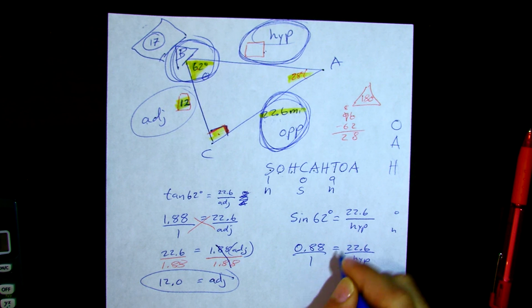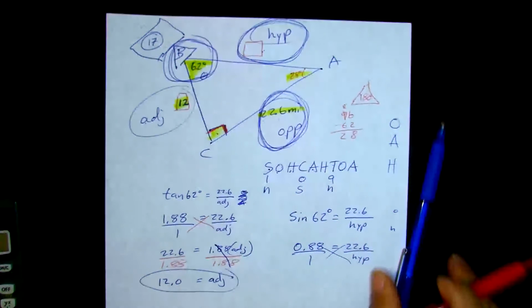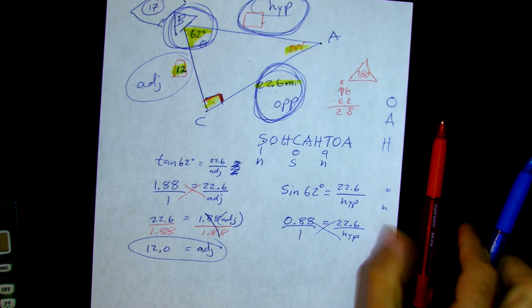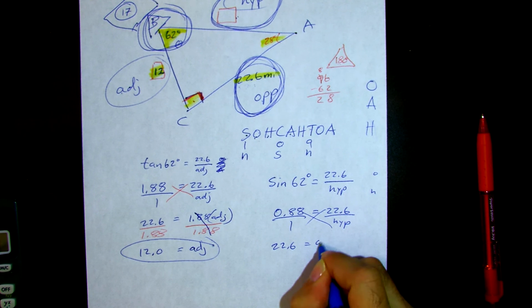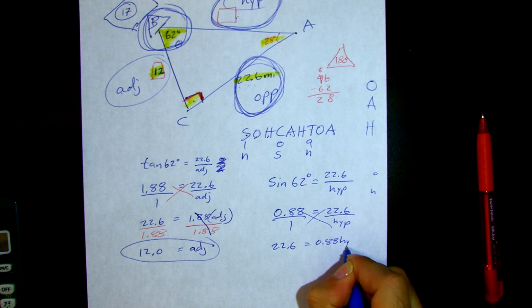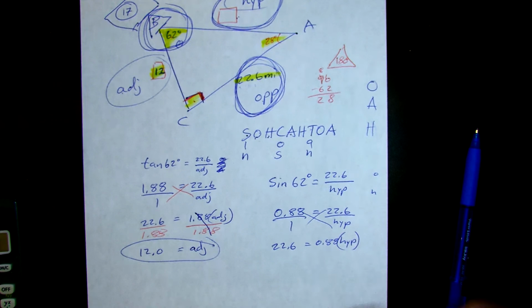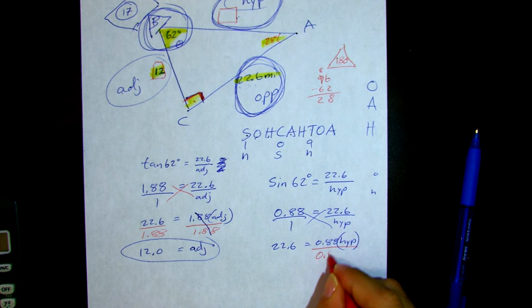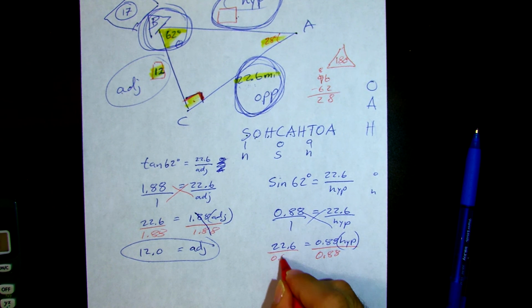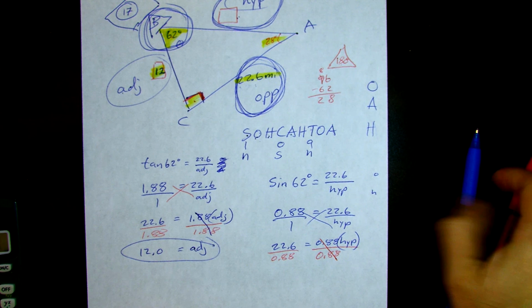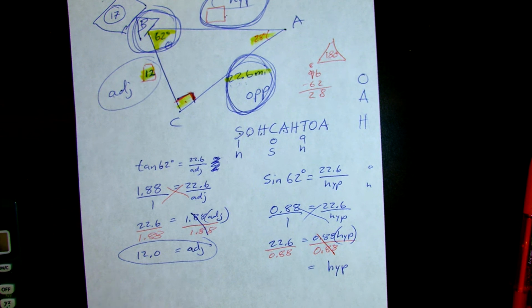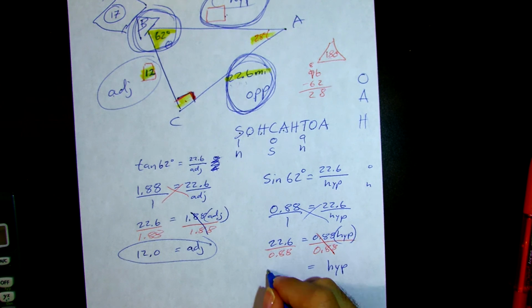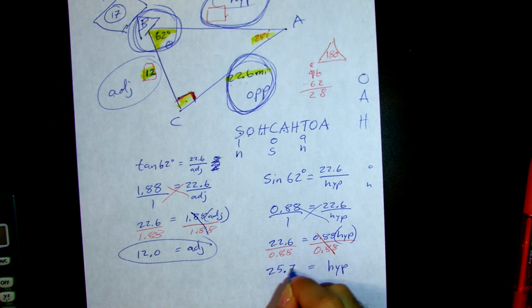Let's throw it over 1 and just cross multiply. 22.6 is equal to 0.88 times hypotenuse. Divide by 0.88, and the hypotenuse is 25.7.